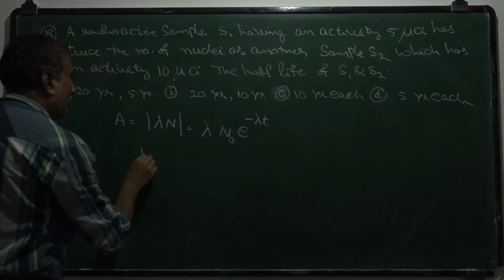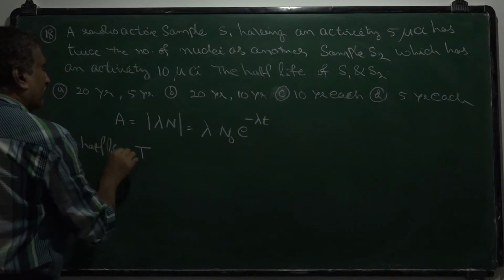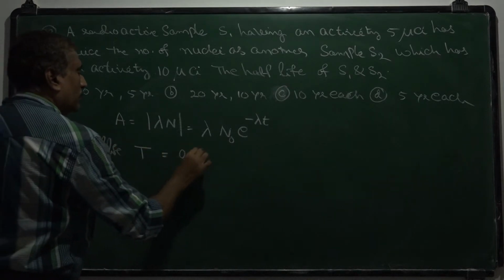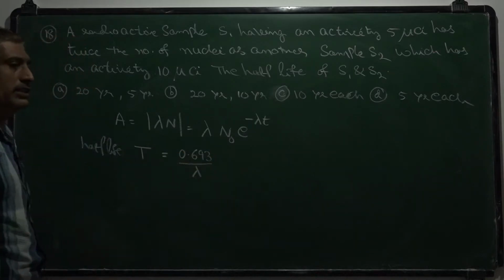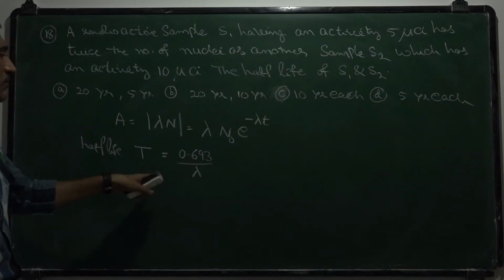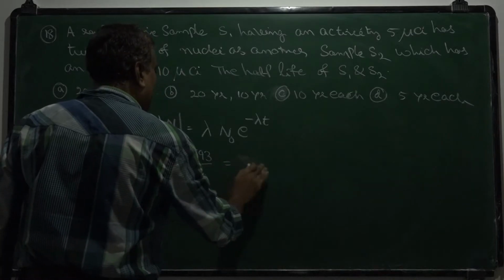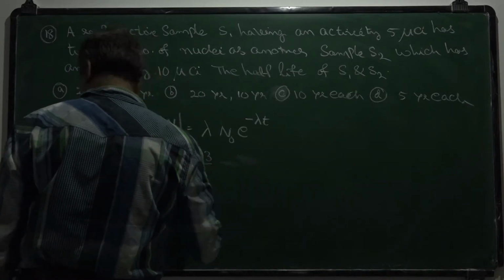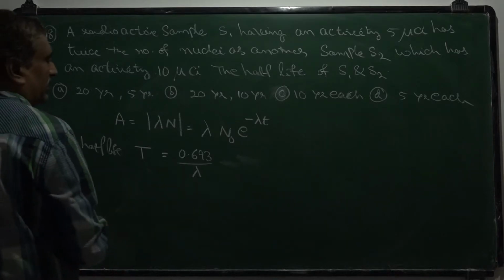So the half-life period, we have the relation half-life T is equal to 0.693 by lambda. This is one relation there. So from this relation we have lambda is equal to 0.693 by T.